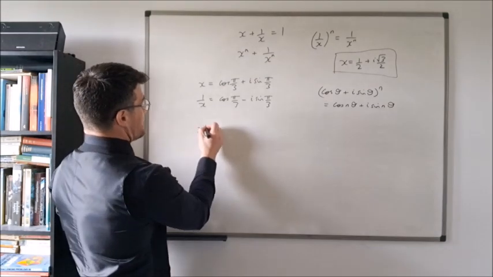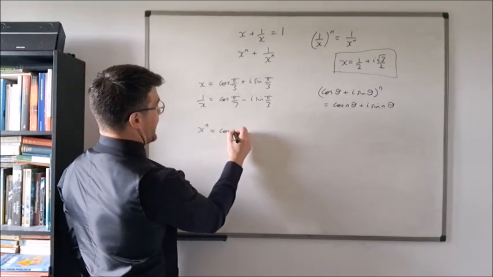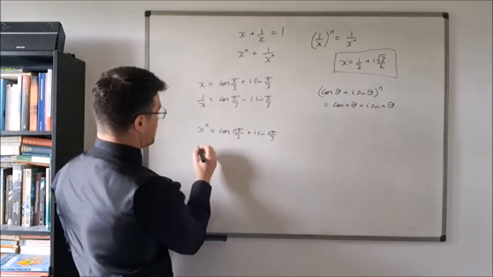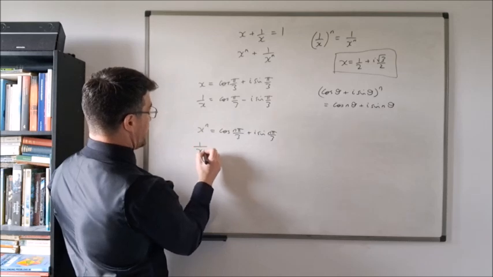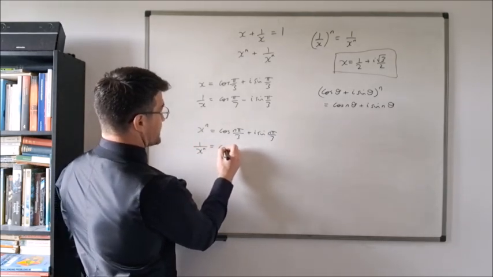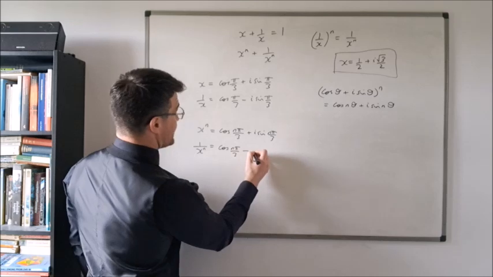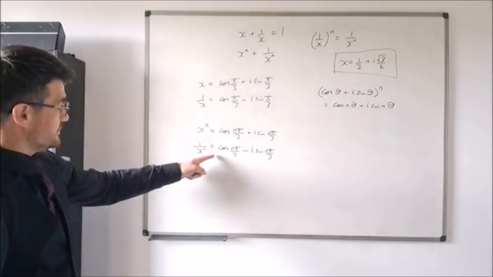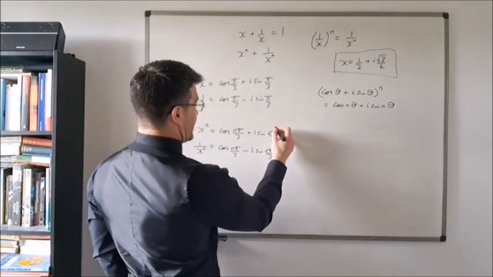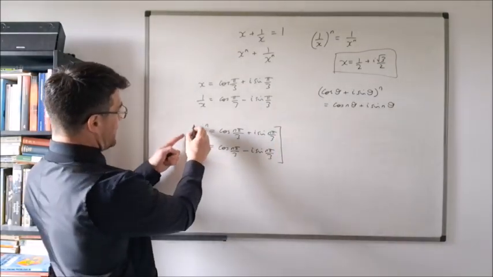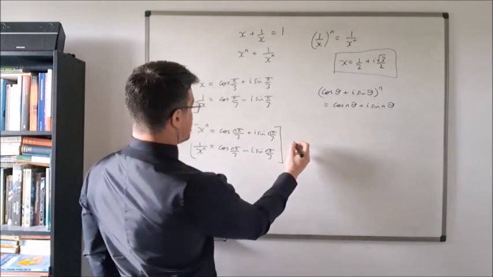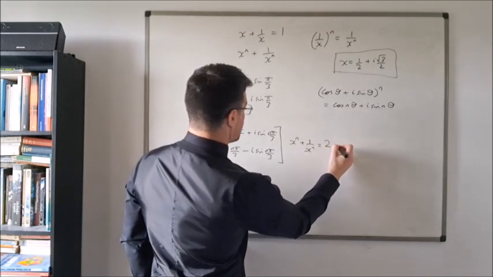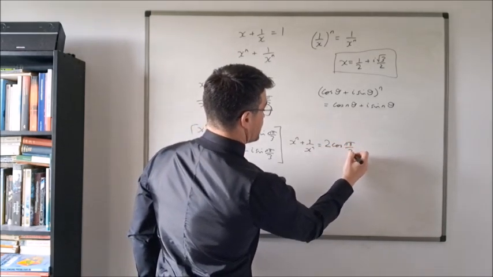So x to the power of n is going to be equal to cos n pi by 3 plus i sine n pi by 3. 1 over x to the power of n is going to be cos n pi by 3 minus i sine n pi by 3. And interestingly, when I add the left-hand sides and the right-hand sides, what I get is that x to the power of n plus 1 over x to the power of n is equal to twice cos n pi by 3.